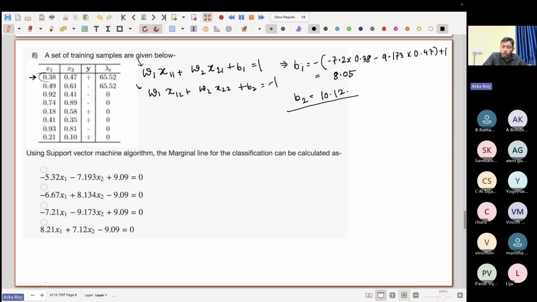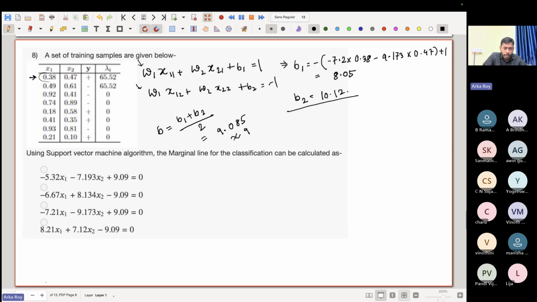Okay. So you can see that B1 and B2 are evaluated. Now you have got two values of the intercept. Because we need a unified formula for the equation of the optimal line, we have to take the average of these two intercept values. So this would be B1 plus B2 divided by 2. If you take the average, it would be 9.085.